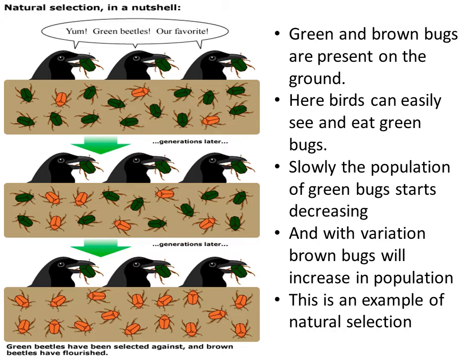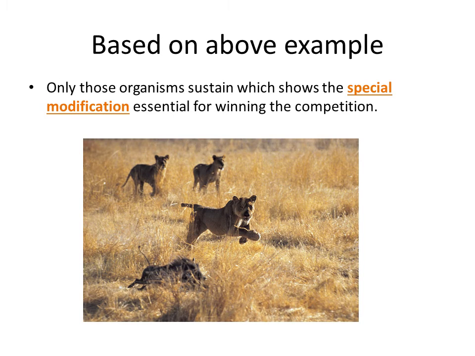Slowly the population of green bugs starts decreasing. Why? Because the birds, or the particular crow, eat them, and that's the reason the green bug population starts decreasing. And with variation, brown bugs will increase their population. And this example is of natural selection.